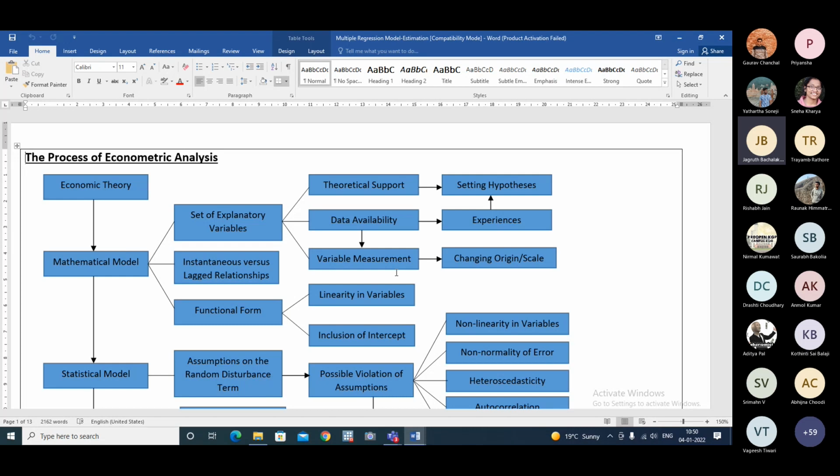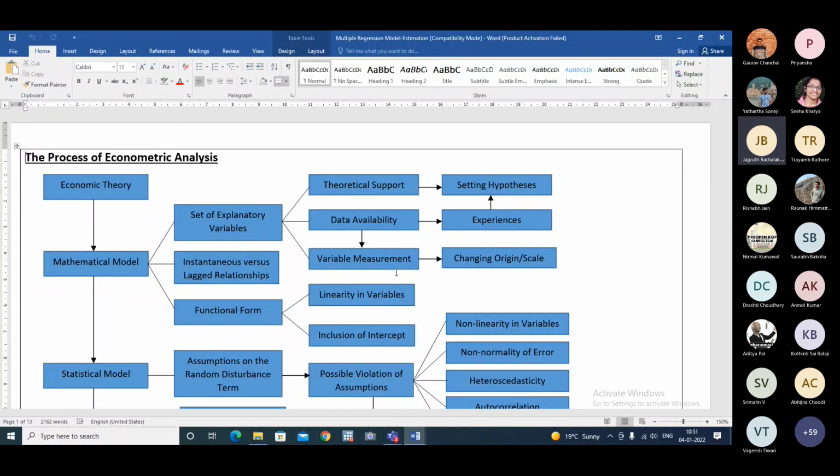Again, measurement of the variables would have another dimension, that is changes in origin and or scale of the variables, and to what extent they can have implications for the findings. In subsequent classes, we'll be focusing on these aspects, not only theoretically, but also in the lab classes.